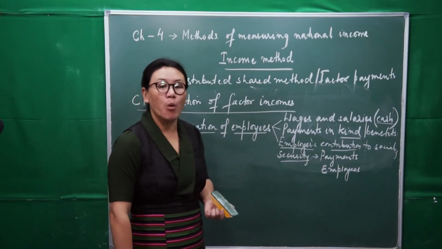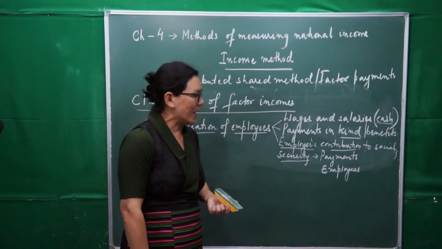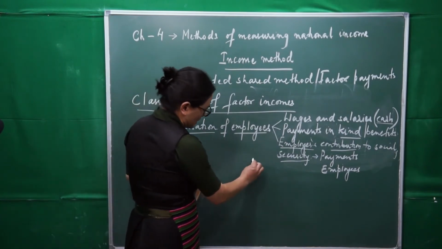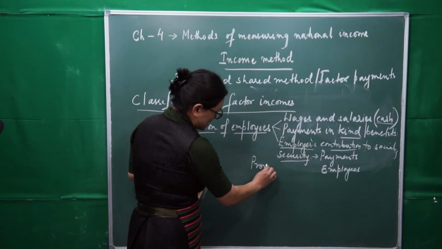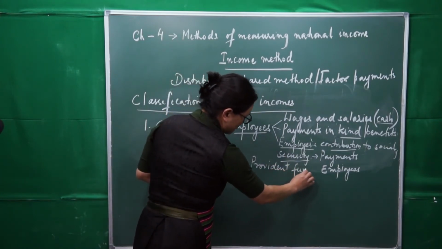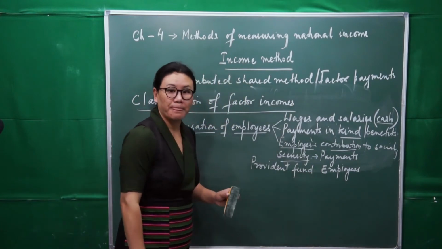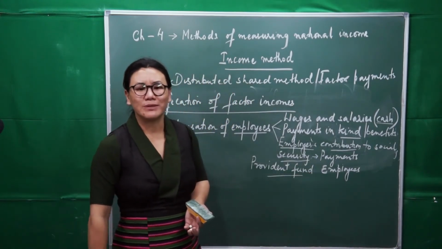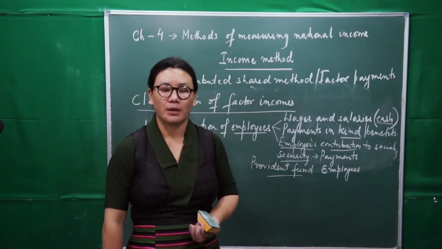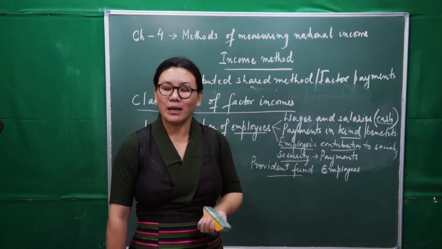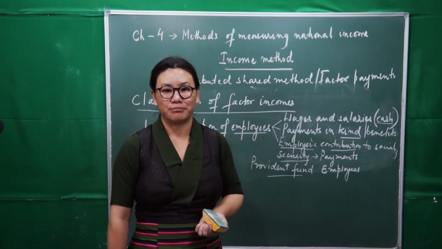Now, to make it more clear, I'll take up one example. Okay. What is this? This is Provident Fund. Okay. Now, what is this Provident Fund? This is an amount of money.